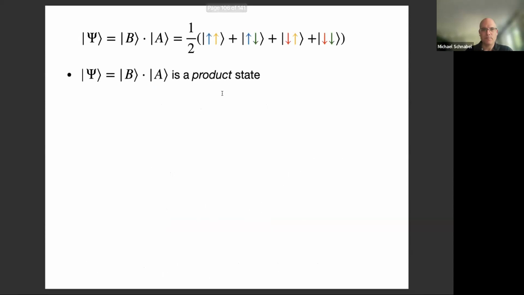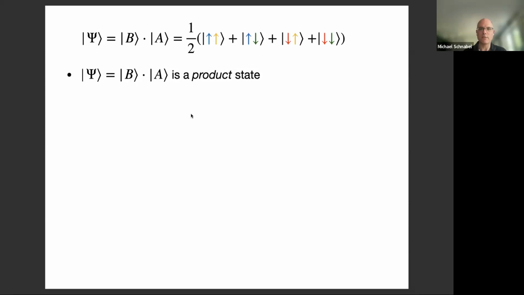Now, this is called a product state, because this is exactly how we arrived at the state. We just took the product of the first wave function with the second wave function. It's like in classical probability theory, if one attribute is distributed according to statistical distribution P1, and the other according to distribution P2, and these two attributes are uncorrelated, the combination is just P1 times P2.